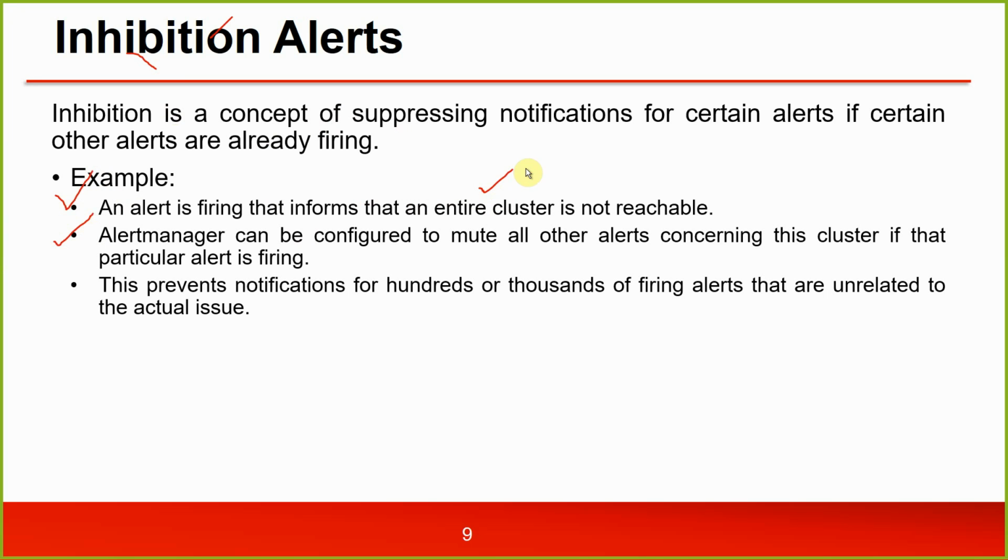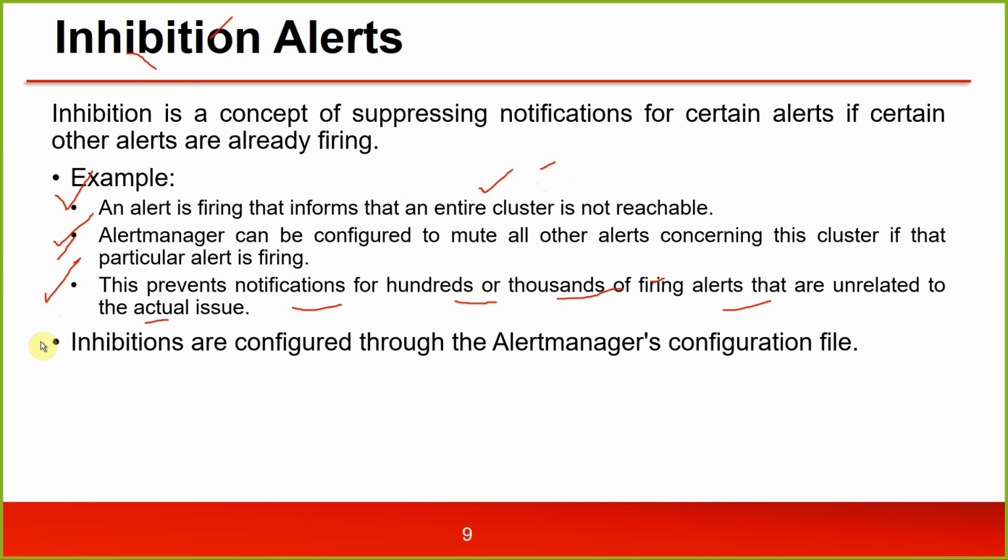Alert Manager can be configured to mute all other alerts concerning this cluster while that particular alert is firing. This will prevent notifications for hundreds or thousands of firing alerts that are unrelated to the actual issue. Inhibitions are configured through Alert Manager's configuration file.